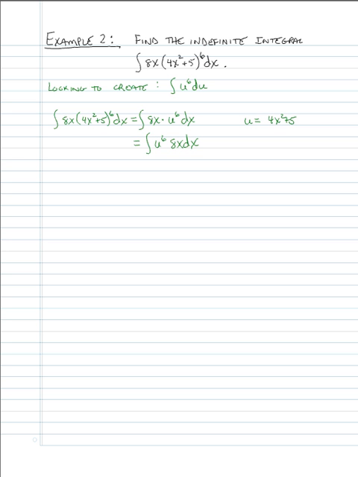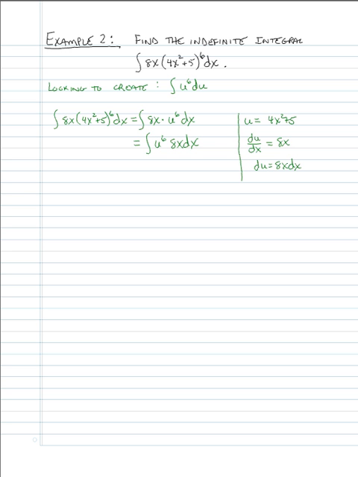Now, we're back to the same position that we were a moment ago. Remember, I'm going to go through this again. Over here, we have u, and because of that, we can solve for du by taking the derivative of u with respect to x. When we take the derivative of u, which is 4x squared plus 5, with respect to x, we get an 8x. And then when we multiply both sides by dx, we end up with du is equal to 8x dx.